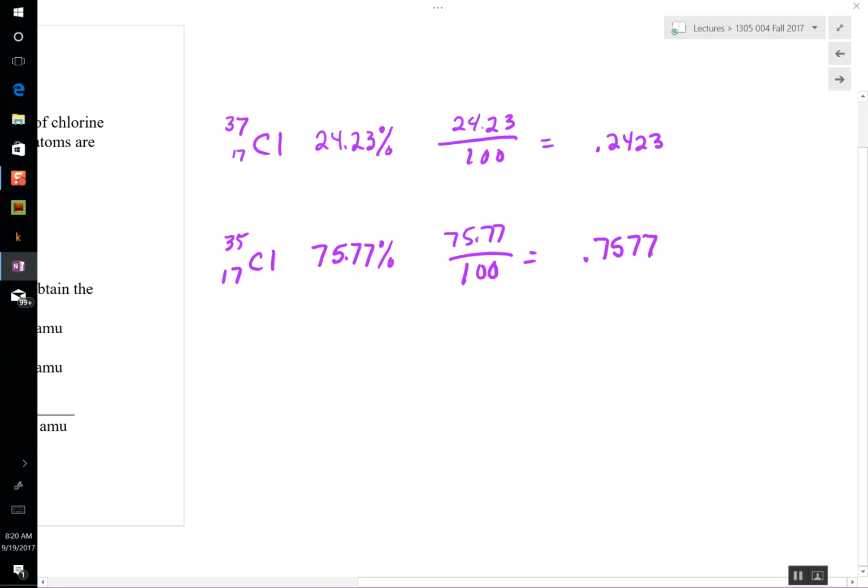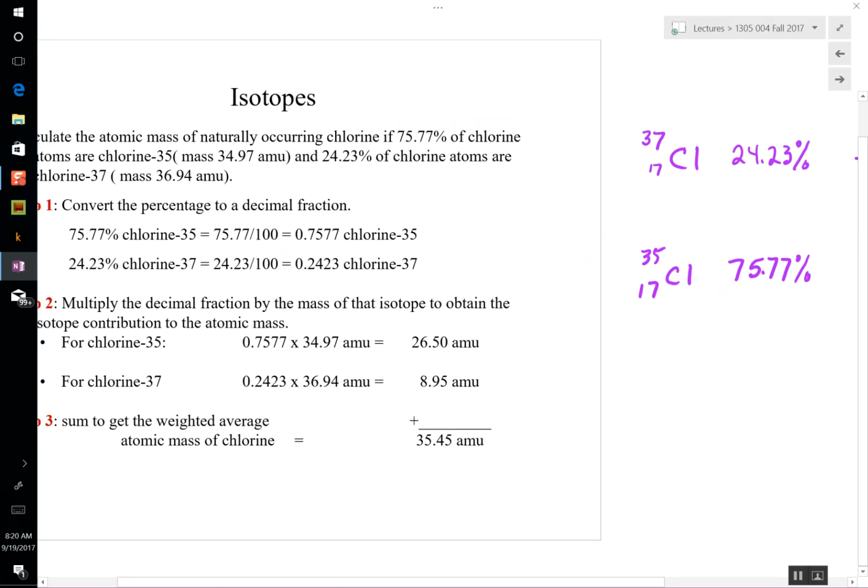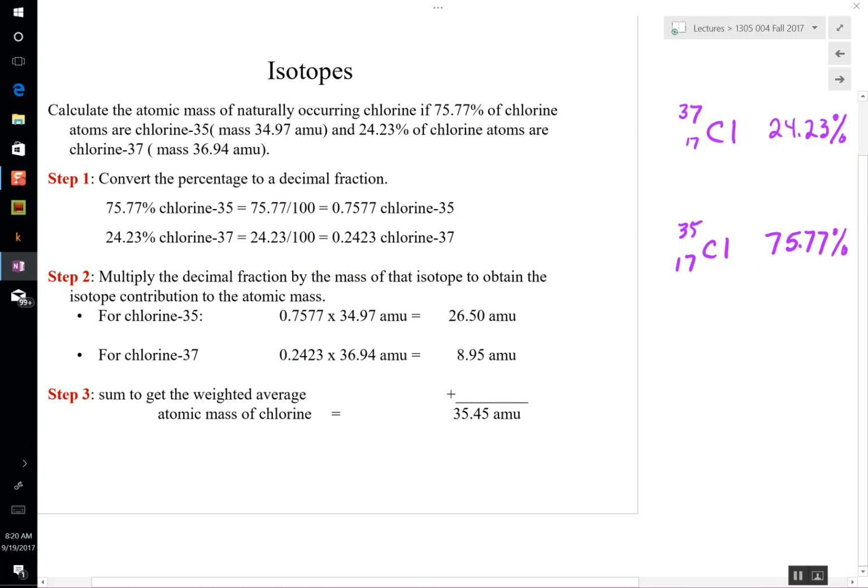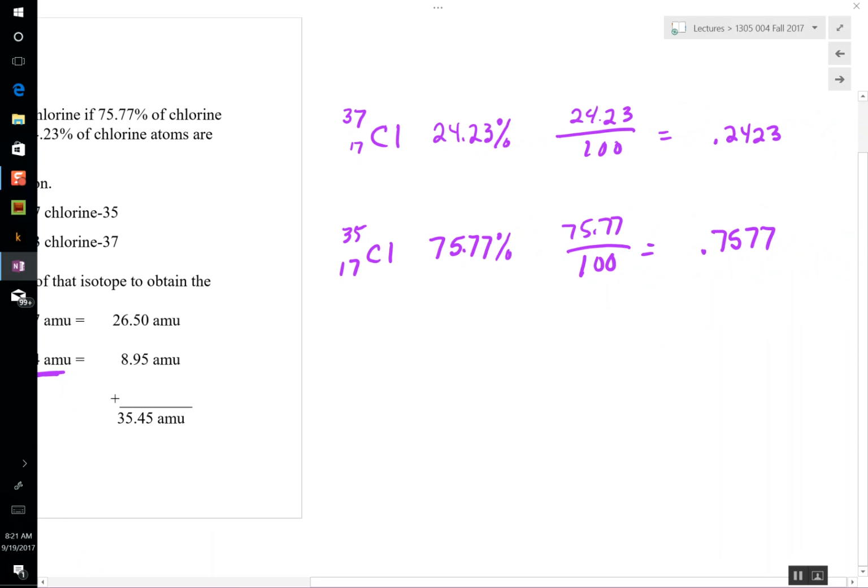And then, I'll slide back over here, you ask yourself the question, what does a chlorine 37 atom weigh? It weighs 36.94 atomic mass units.